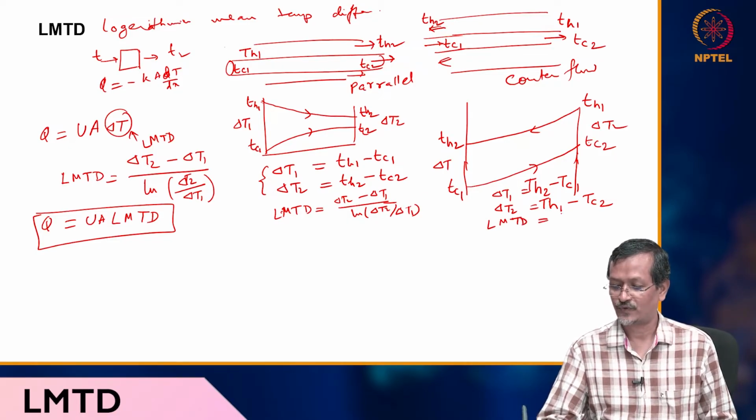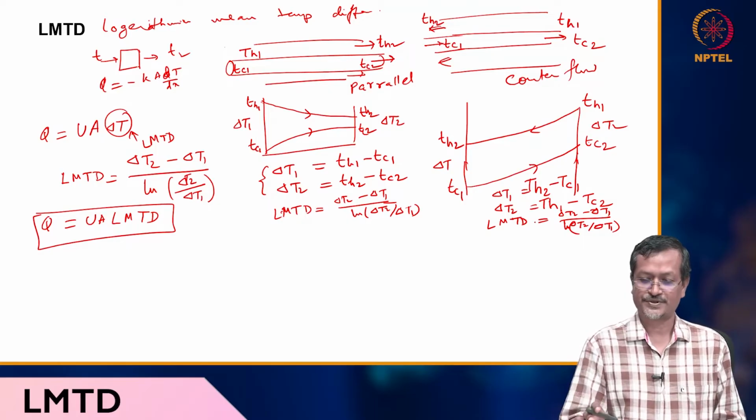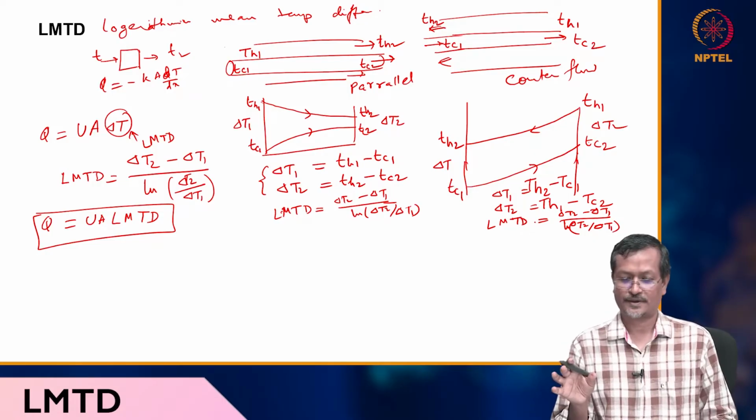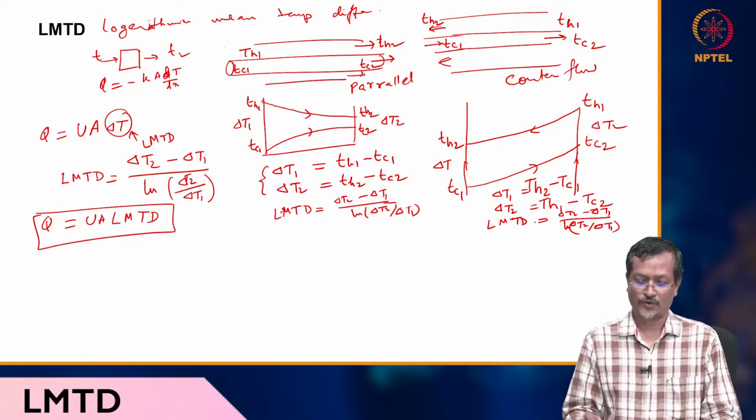Same formula. Both formulas are actually the same, only the representation differs. This is a very common problem in mechanical, chemical and other engineering. You should not get confused; just remember the formula and how it is formulated.